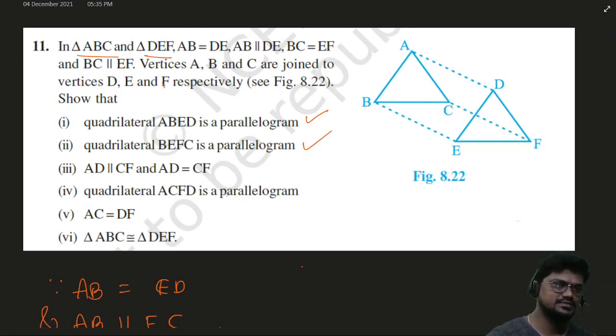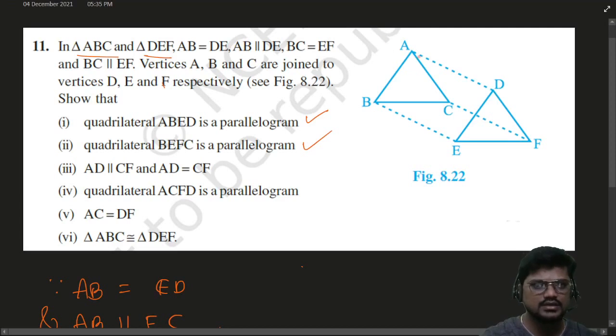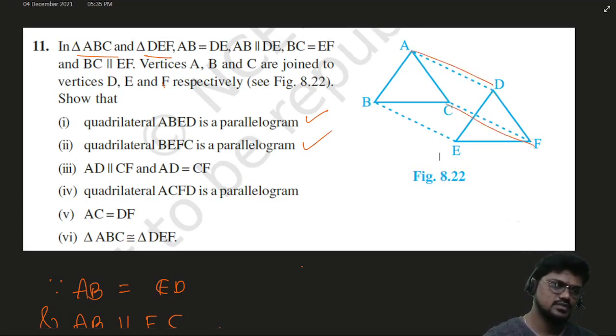Dhruv, can you please tell how AD and CF will be? We can say that these two lines are parallel. Aryan? Sir, actually, I also don't know. You don't know? Juhi, can you please tell?